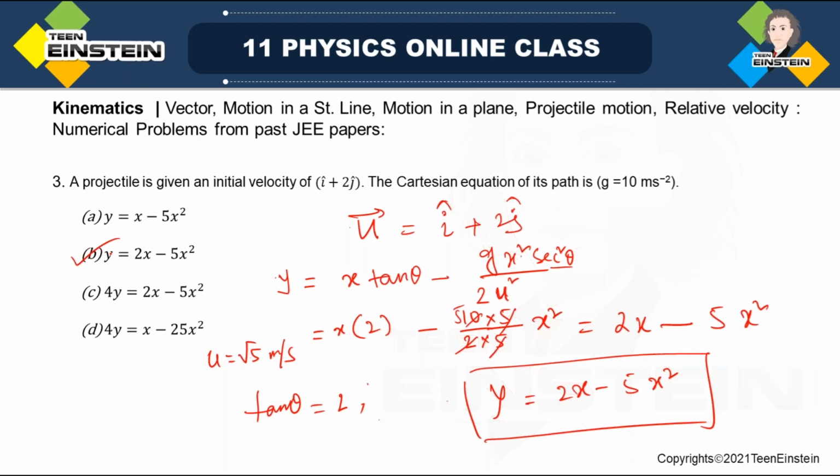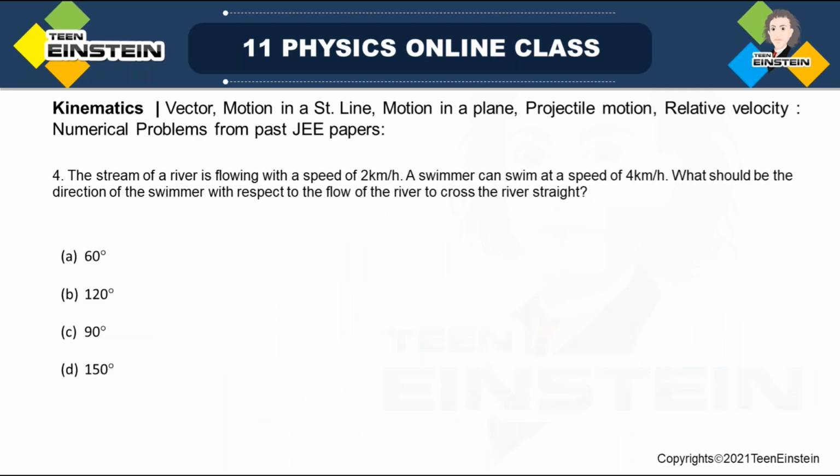Okay, now we'll go to the next question. So this is a very interesting question. This is related to relative velocities and all. So the stream of a river is flowing with speed 2 km per hour.